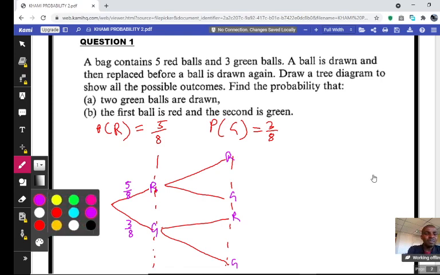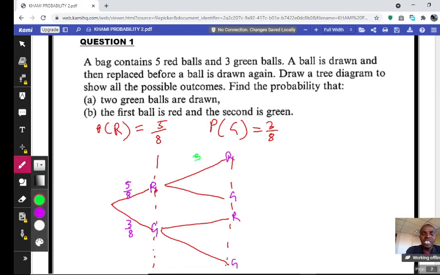Please take note of that. Then on the second outcomes, the probabilities will remain the same: 5 over 8 on the red and 3 over 8 on the green, 5 over 8 on the red, and 3 over 8 on the green. So this is the tree diagram that you are required to draw in this scenario. Take note of that, please.